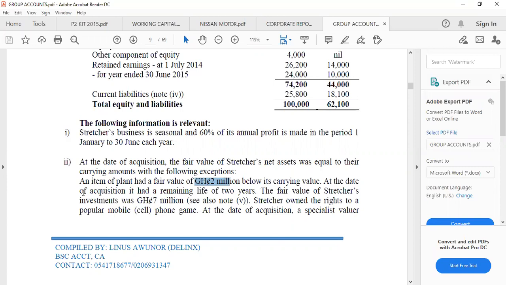So they have included 2 million in the cost before charging the depreciation, so there's a depreciation in the profit and loss account relating to the 2 million reduction. Let's charge the depreciation on the 2 million using the remaining useful life of the asset before the fair value. Then we go and add it back because it was subtracted. That is basically what we normally do.